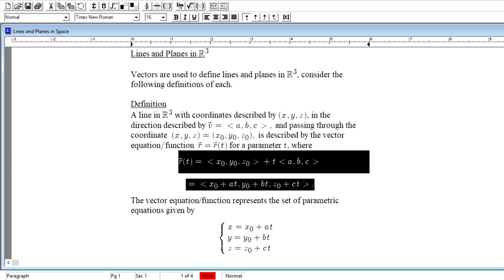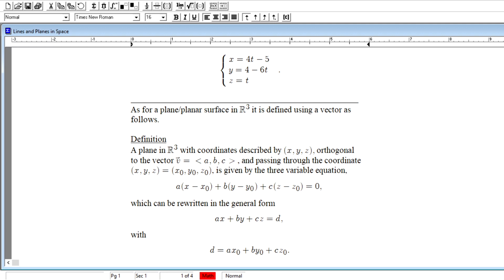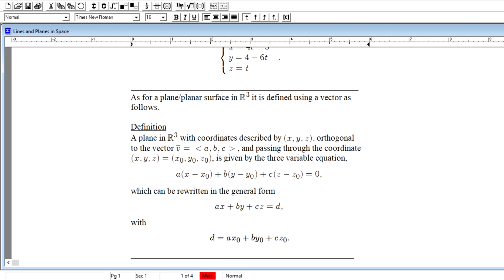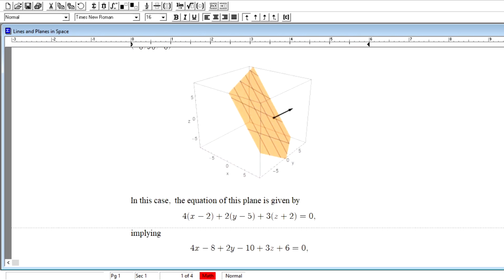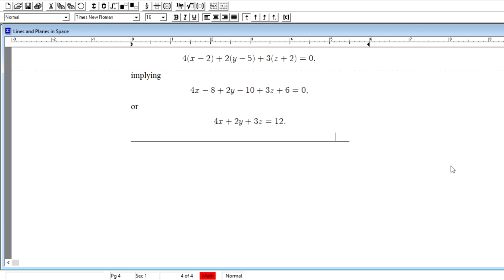Again, here we're seeing the beginning of just using vectors to help us define lines and planes in 3-dimensional space, folks. All right? So that is it. These ideas are not very heavy, I hope. We are looking at very simple surfaces and very simple paths in 3-dimensional space.